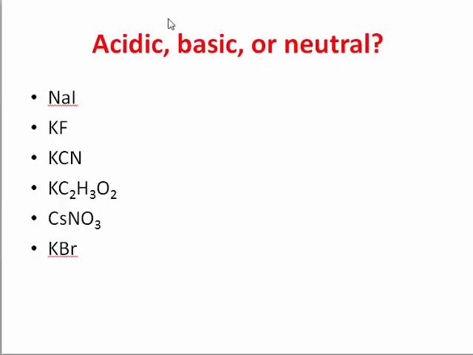Okay, again, the way to think about this is for each ionic compound listed, think about conjugate bases that appear within these species.